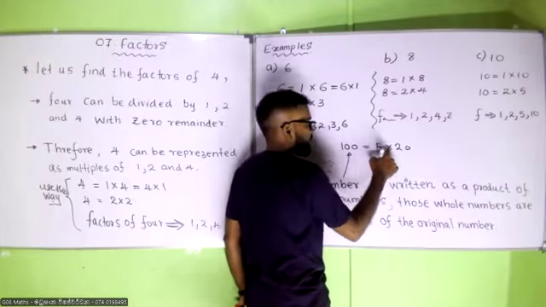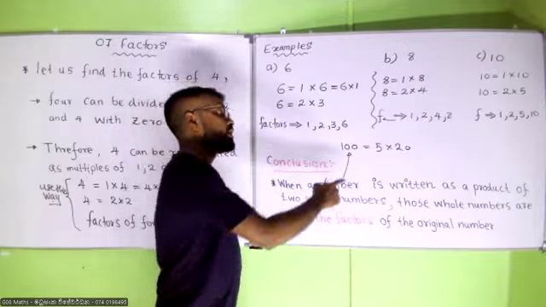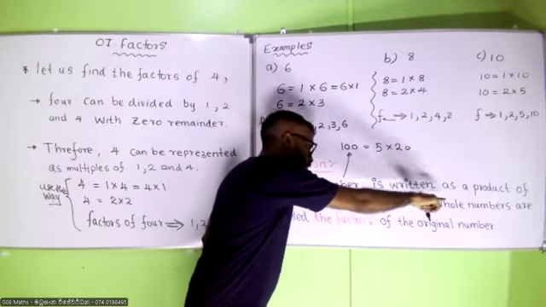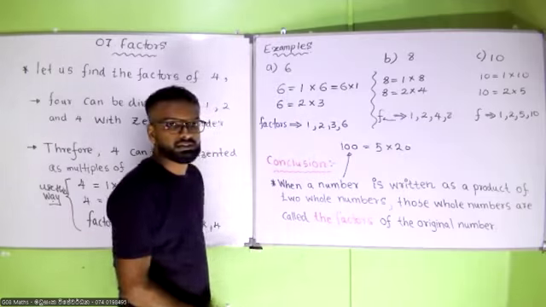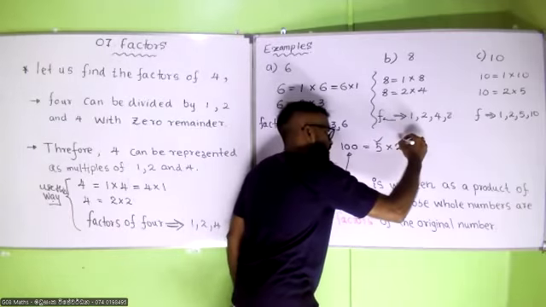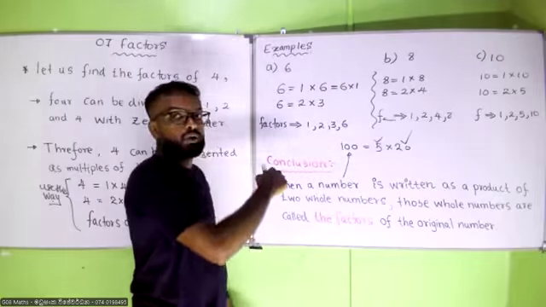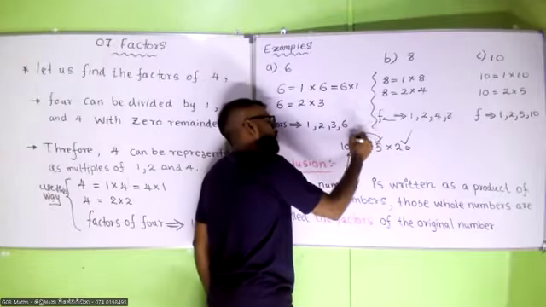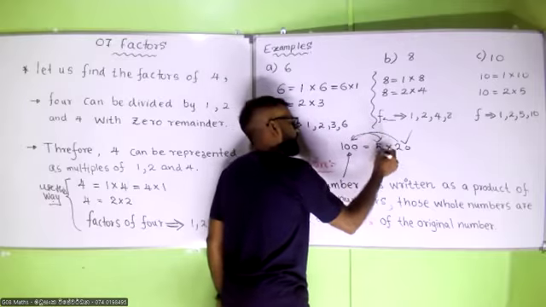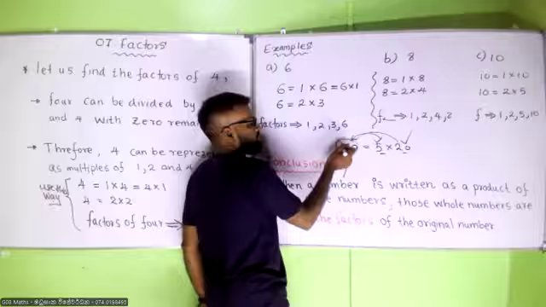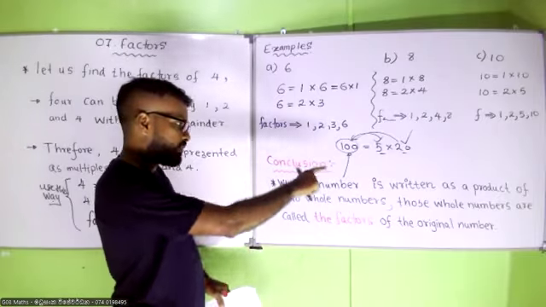Now this is a product of two whole numbers 5 and 20. Then those whole numbers are called the factors. So 5 is a factor, this 20 is a factor, of the original number. Original number is this 100. These 5 and 20 are factors of the original number, which is 100. That is the meaning of this.